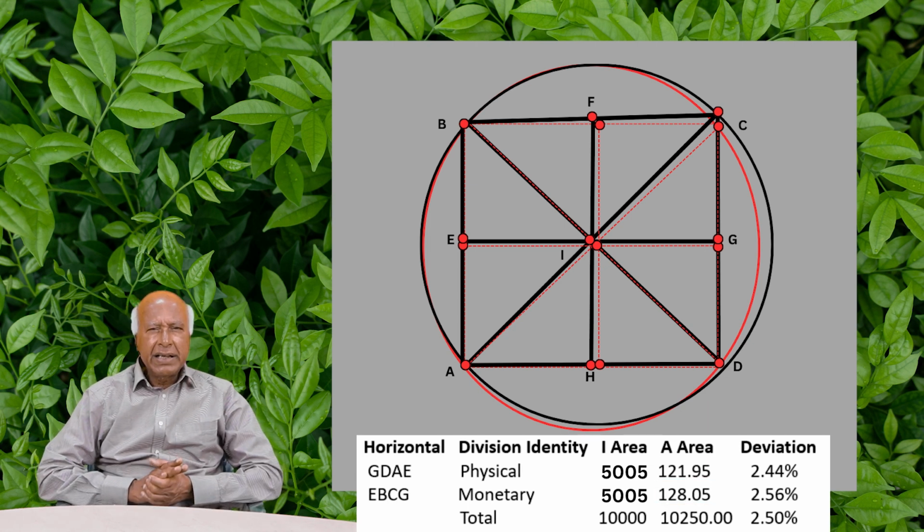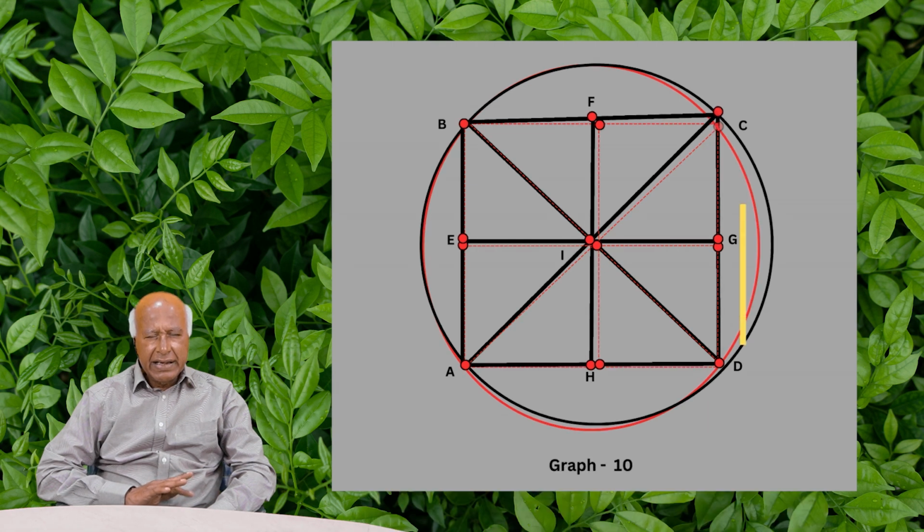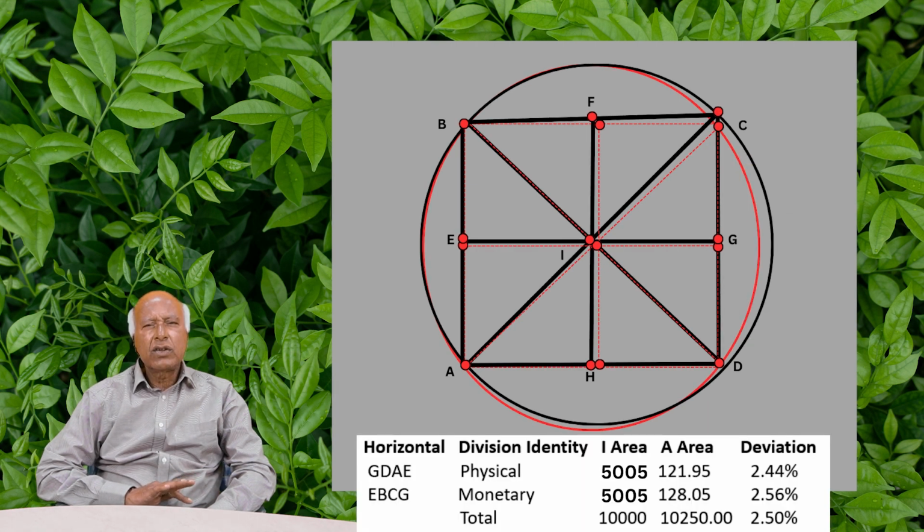Since the increase is on the production side, both the poles have to show an increased area as well as the monetary area.